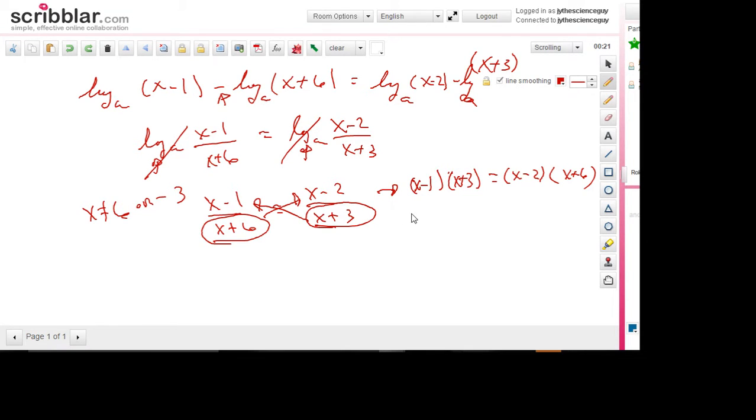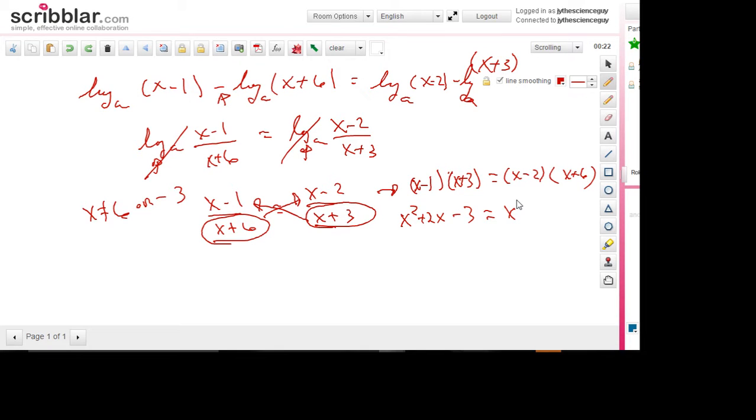Next step, we have to FOIL. So I get x squared plus 2x minus 3. I'm going to do it fast. I'm sorry, I just skipped the middle step because I want to get through as many of these questions as possible. You can always go back and redo it. And then I'm going to do the exact same thing to this side. So this is x squared plus 4x minus 12. You see how there's an x squared there and an x squared there?